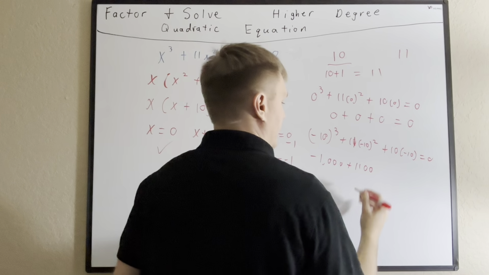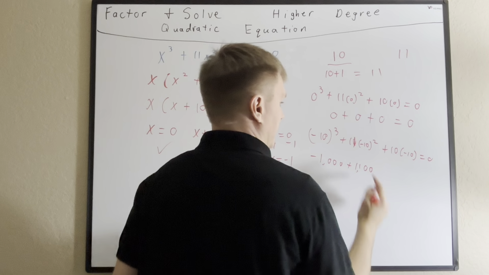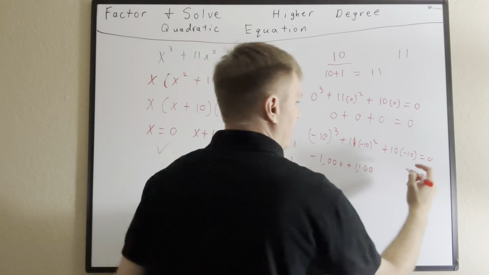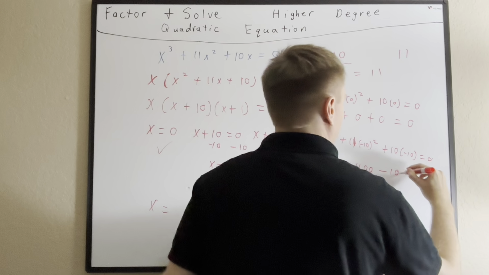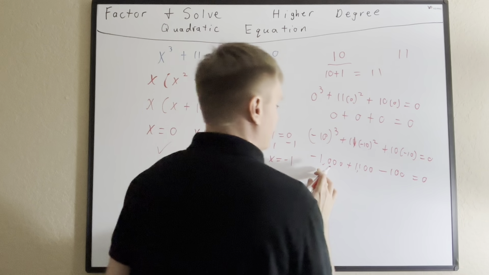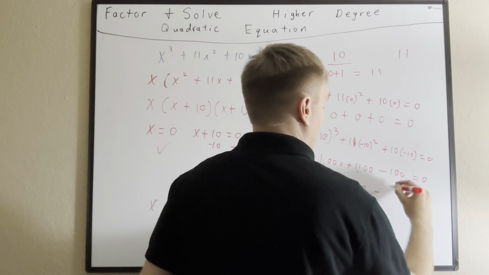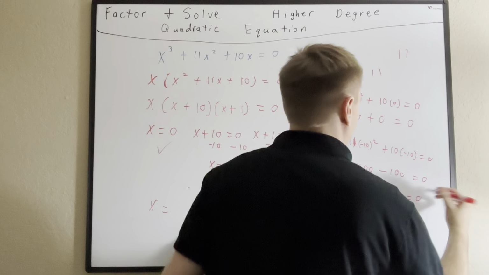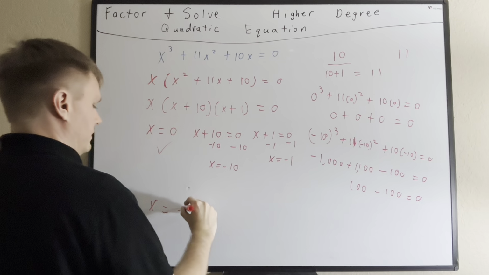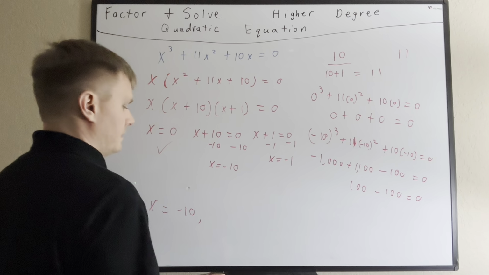So that's actually 1,100. And it's positive, right? Because it's squared. Minus 100. Okay, well, negative 1,000 plus 1,100 is 100. Minus 100 is 0. So negative 10 is definitely an answer.